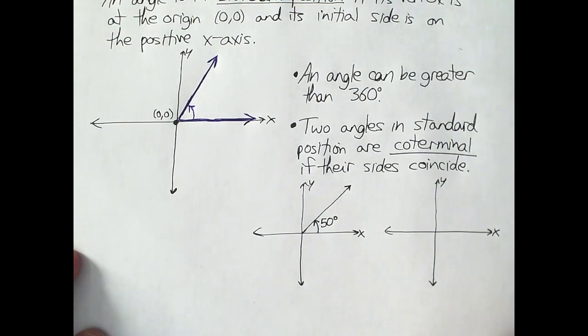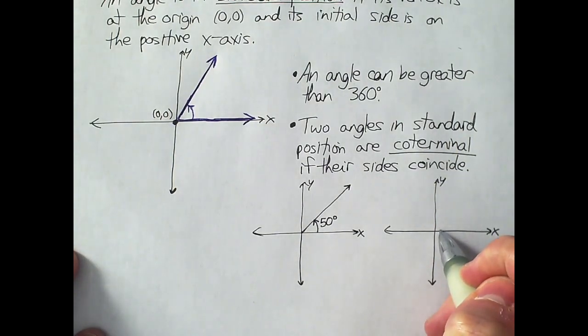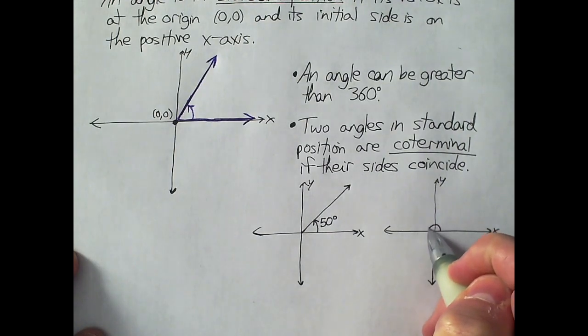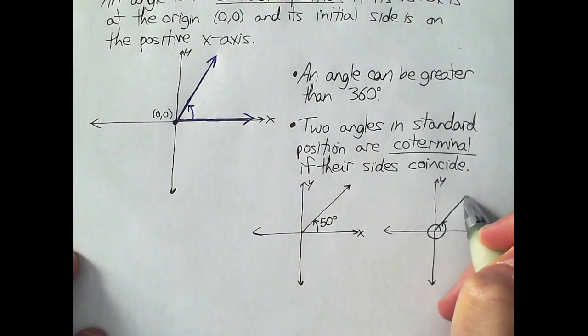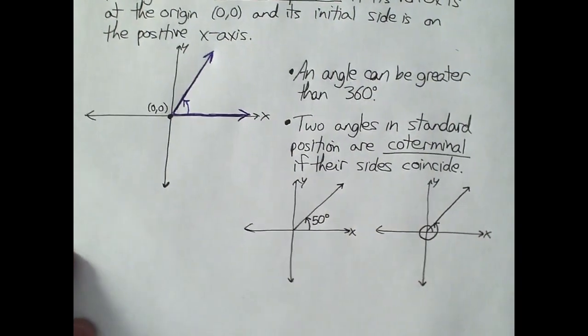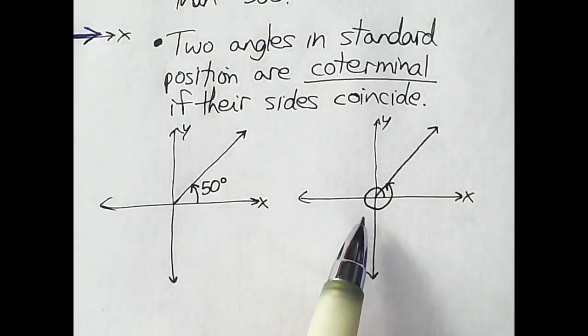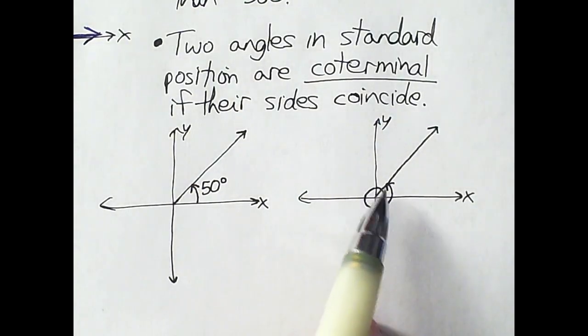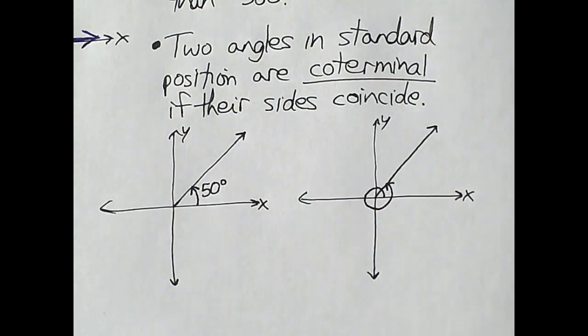One angle that this is coterminal with would be if I went around and around. I'm going to zoom in on this. See what I did there? I did a rotation. I curved around a full rotation, a full 360 degrees.